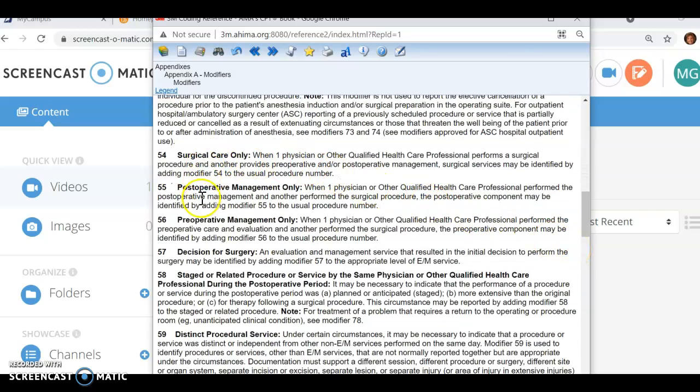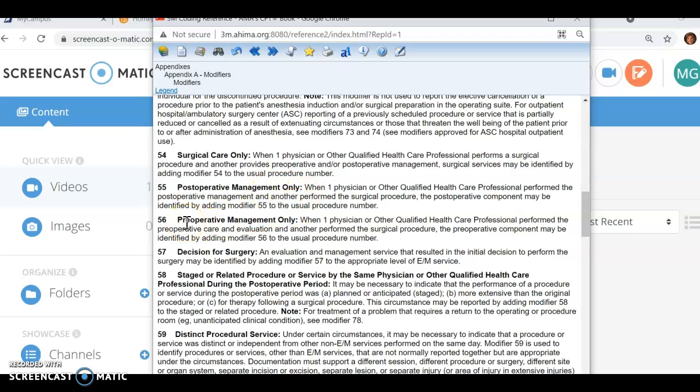Okay. We also have modifiers that you may see. I always give the example of surgical care only when, let's say, you're working for possibly an orthopedic physician, and that physician only did the surgical care. This patient's insurance changed, and they had to go to post-operative somewhere else.